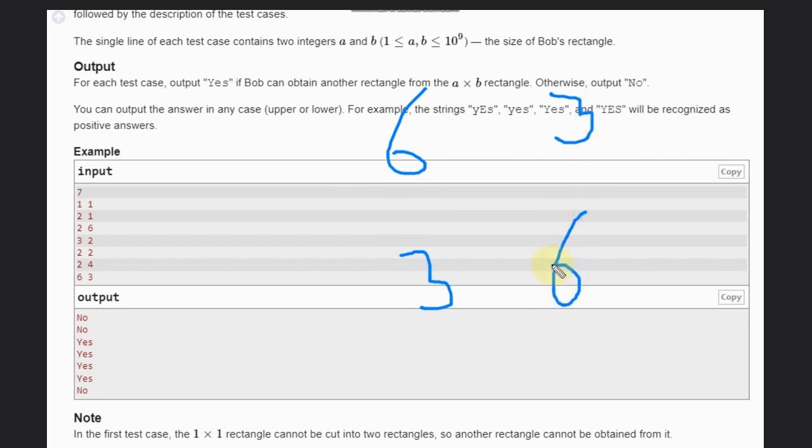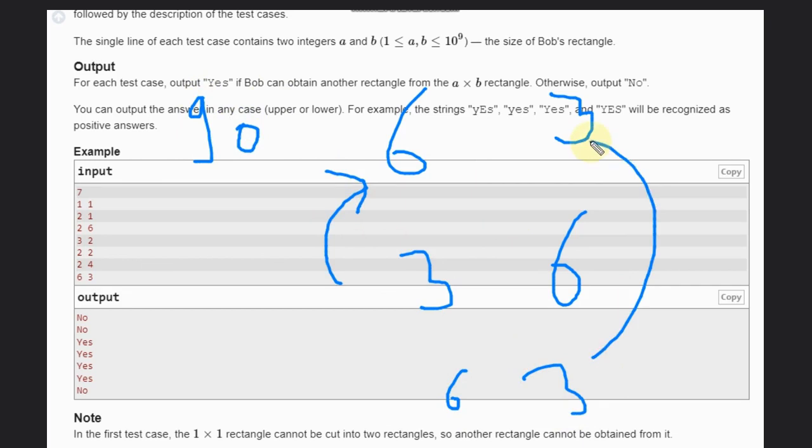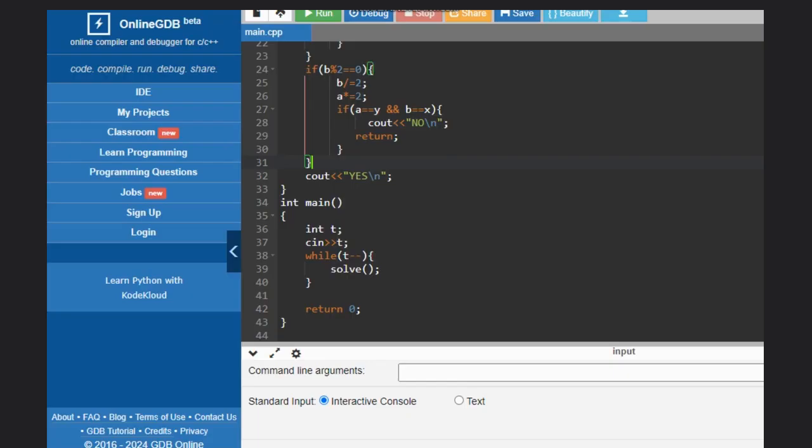But just check, we can't say this is different because we can rotate it by 90 degrees also. So if we rotate, it will become 6 comma 3 and it is the same, right? If it is the same, then obviously the answer will be no, because we can't create a separate rectangle. Hence the answer will be no. Hope you understood the concept. So let's jump to the code for understanding.